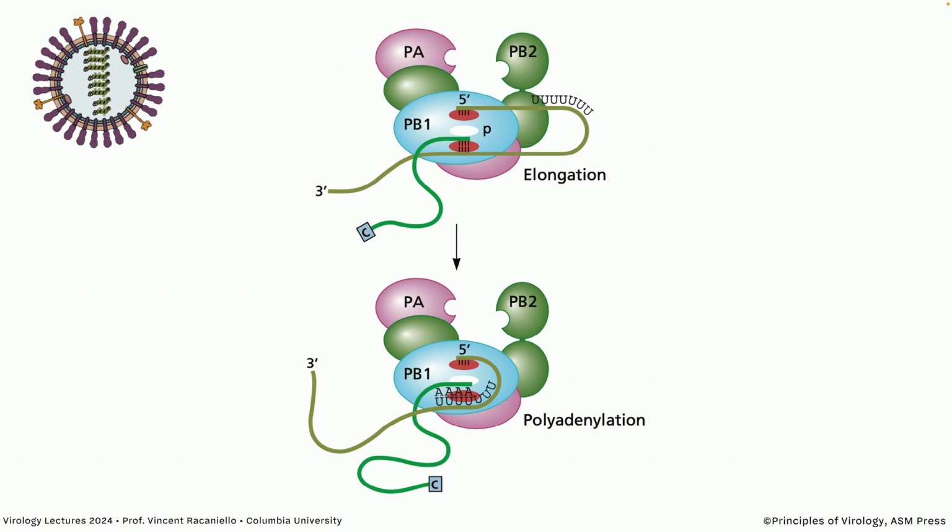Polyadenylation of these mRNAs is also similar to that of VSV, with a twist. So on the top is the polymerase complex that is actually copying these mRNAs. It's got 3 subunits, PB1, PB2, and PA. The 5' end of the viral RNA binds to a specific site on the polymerase, shown in red.